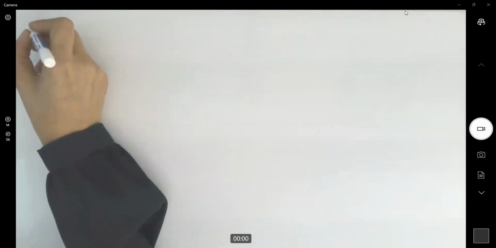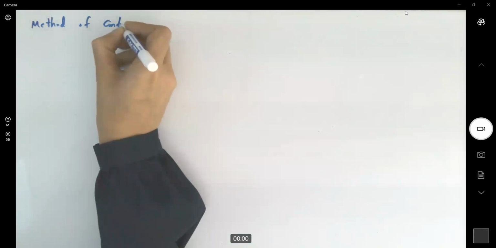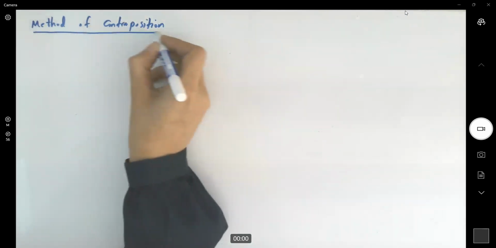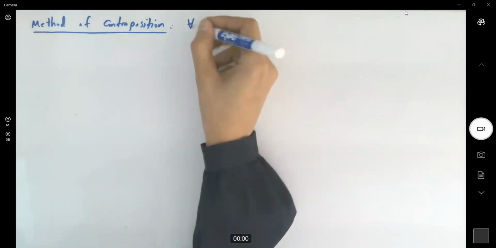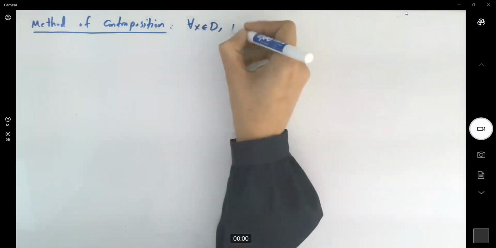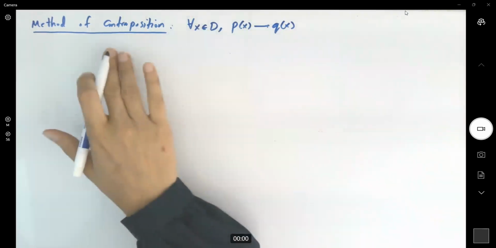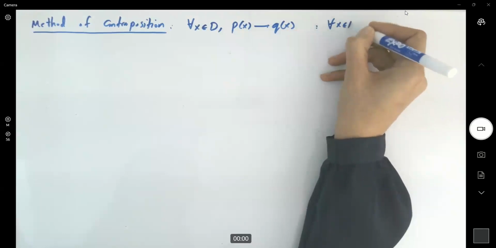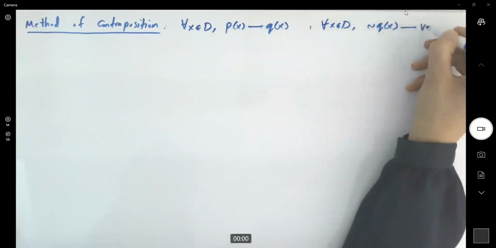Method of contraposition. So recall that for any x in domain D, if you have an implication, P(x) then Q(x), the contraposition says for any x in D, not Q(x) then not P(x).